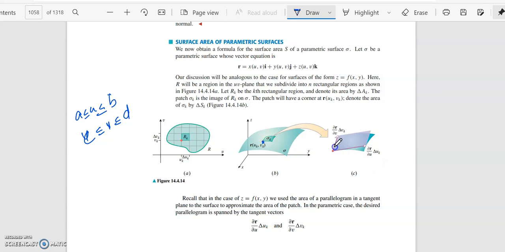Then you have the corresponding normal vector, which gives the equation of the tangent plane. So these two vectors are the partial derivatives with respect to u and v.